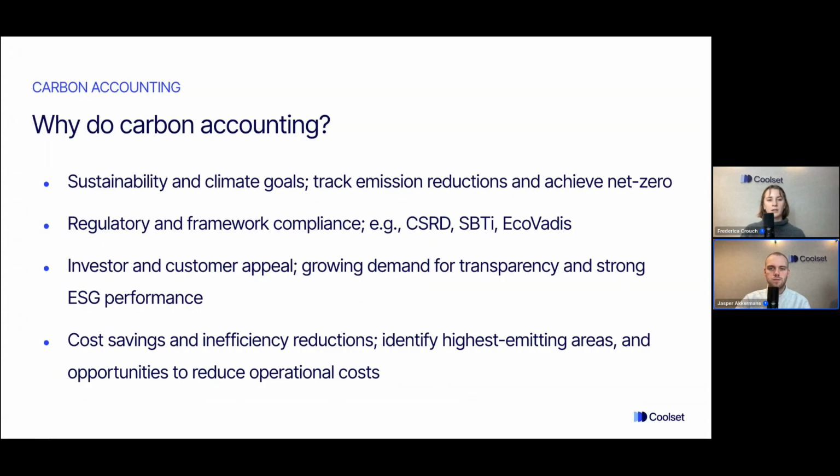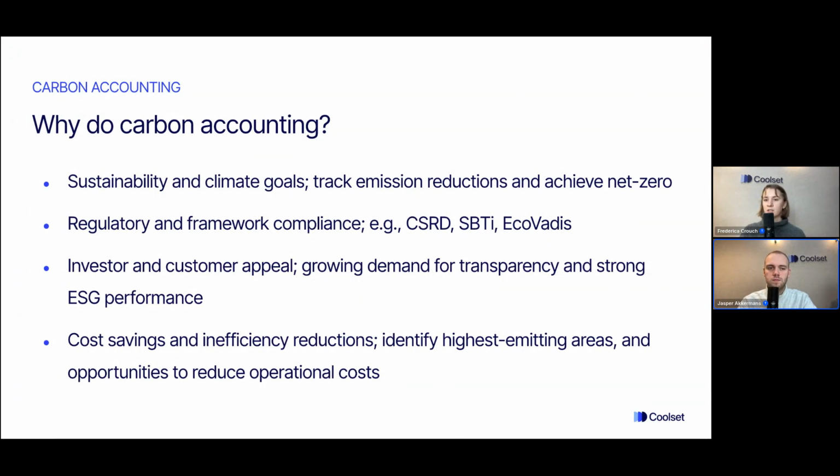But also carbon accounting connects with regulatory and other framework compliance, such as CSRD, SBTi, and EcoVadis. And we're going to go into this in a bit more depth later to show you exactly how they connect and how starting with carbon accounting can set you up for success within these frameworks later. But that'll come.